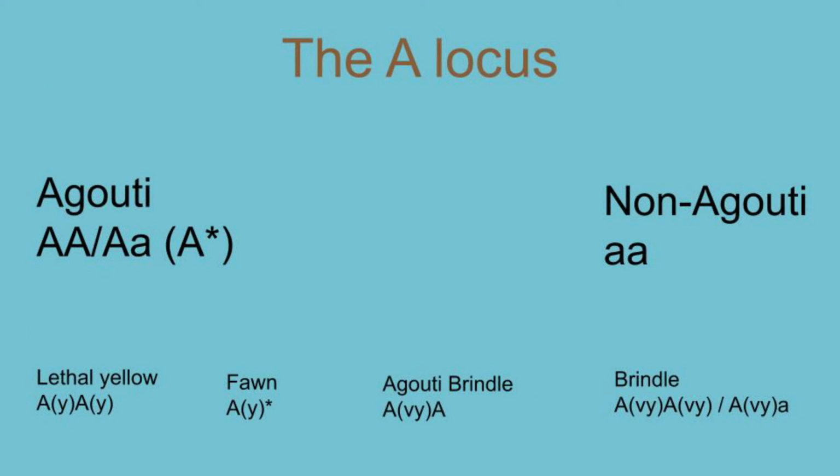So the first locus for us to consider is going to be the A locus, and the A locus actually has a large number of possible alleles. The main alleles, however, that we're going to look at first are the dominant A and the recessive a.